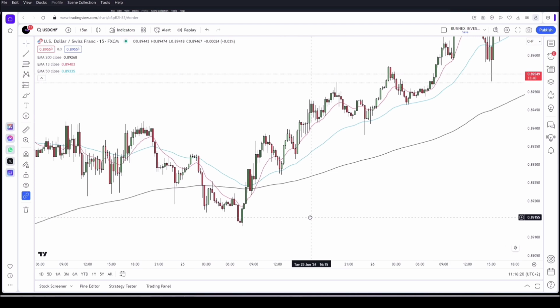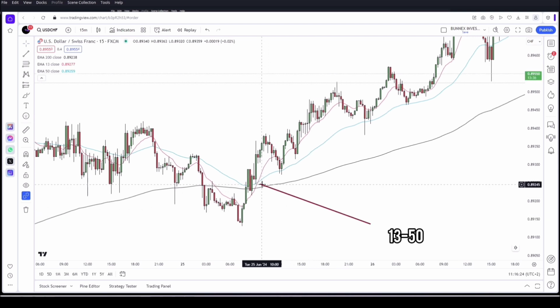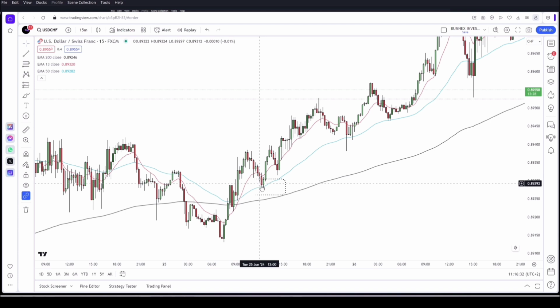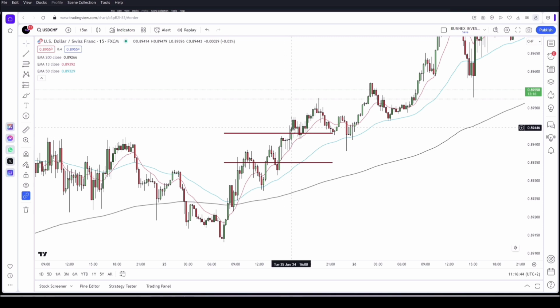After that, we need to see this particular crossover of the 13 EMA, the one in red, and the 50 EMA, the one in blue. After that, we need to actually see a bounce of the price on the 50 EMA. And then we see a candlestick closure on the 50 EMA, which is at this particular point, enter and make our 2-to-1 reward to risk ratio.